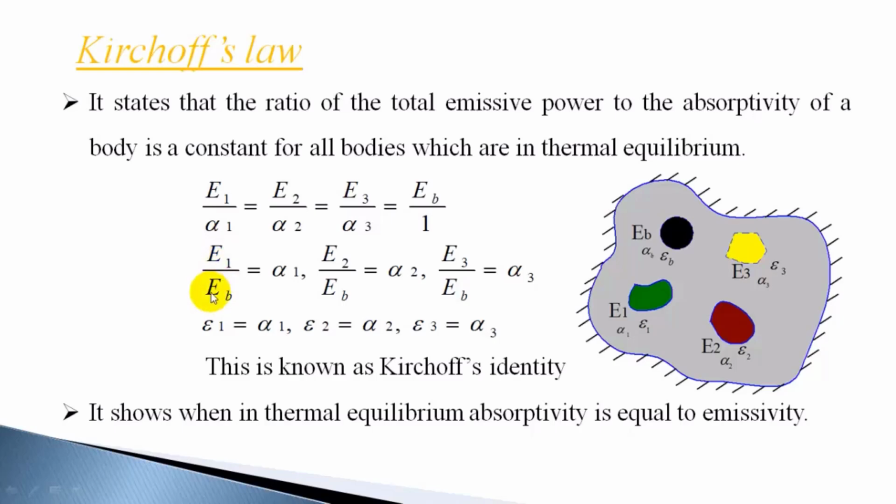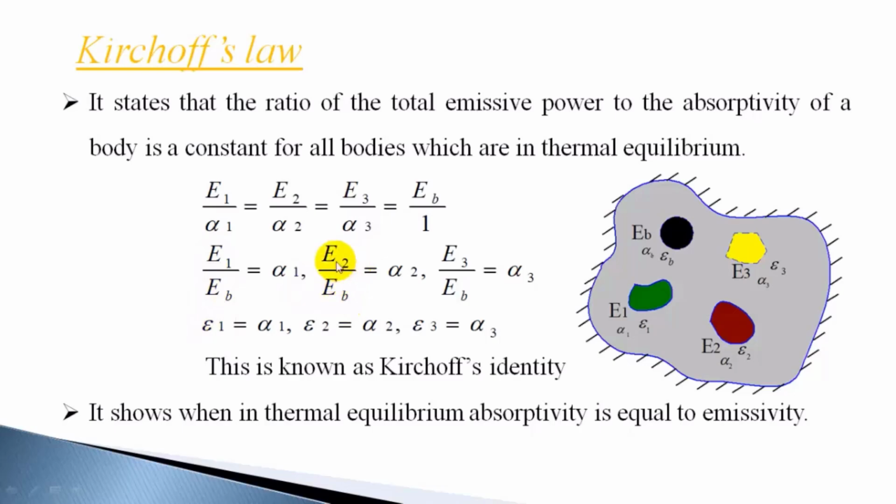And we know that the ratio is emissivity. This is a ratio of total emissive power of a surface, that is surface 1, to the total emissive power of a black surface at the same temperature. So E1 by EB is epsilon 1, that is emissivity of surface 1.